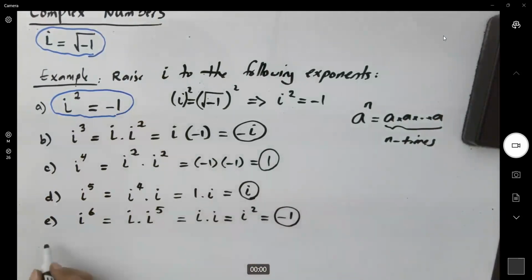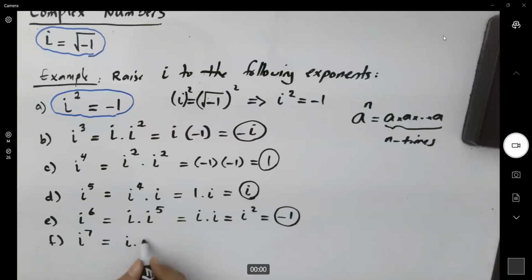You can try checking i to the 7th. i to the 7th is i times i to the 6th. i to the 6th is negative 1, and we got negative i back. Guys, take a look at the pattern.